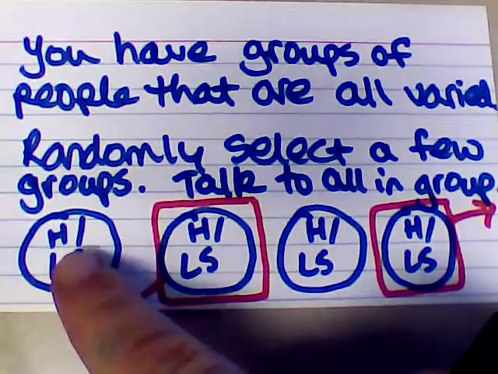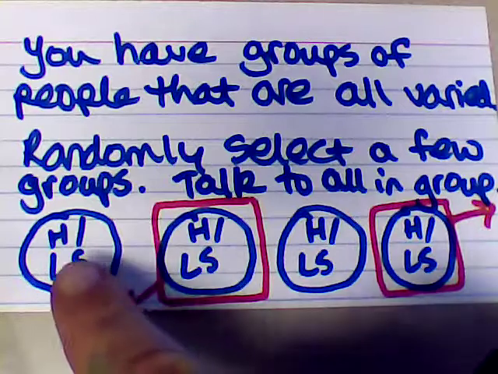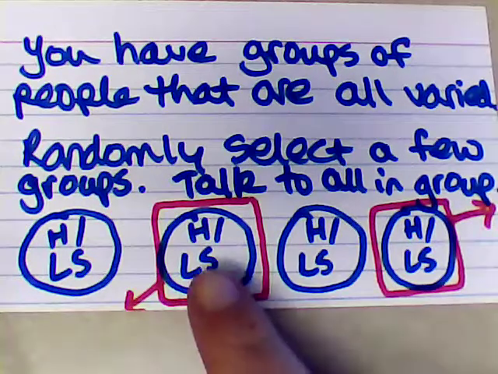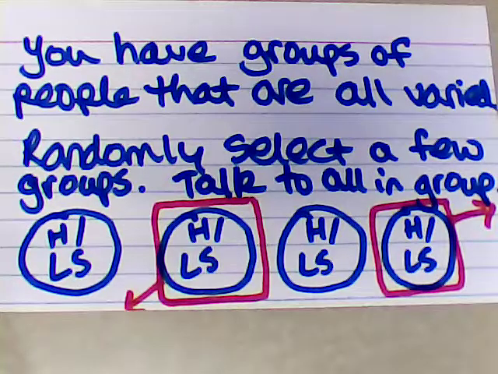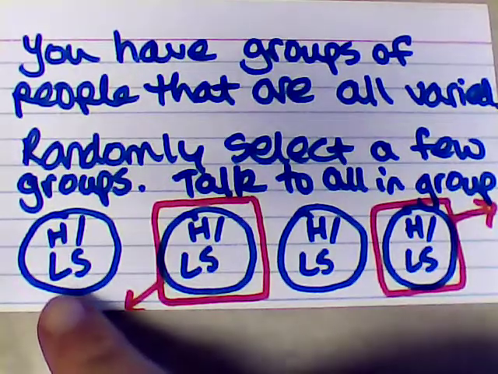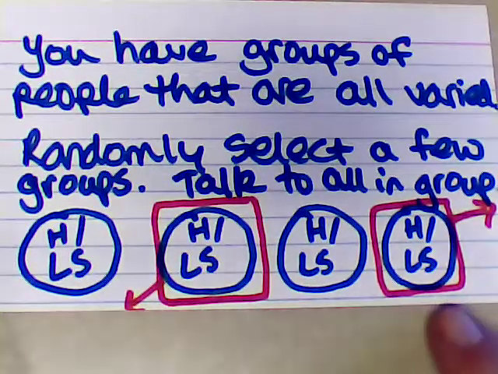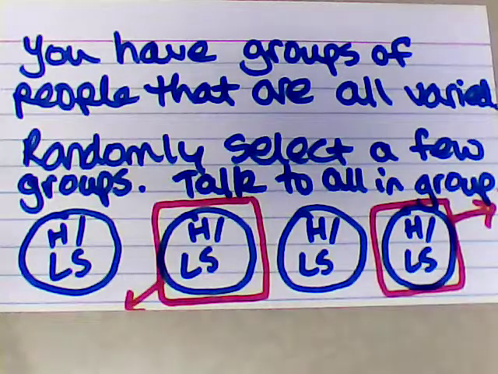So rather than taking some from each, like we did with stratified, with cluster you randomly decide which of these groups you are going to talk to, and then you talk to everyone in that group. So your population is supposed to have H and LS in it. If this is a mixed up group with H and LS, and so is this, and so is this, and so is this, we're going to randomly take 2 of those groups. They're our sample.